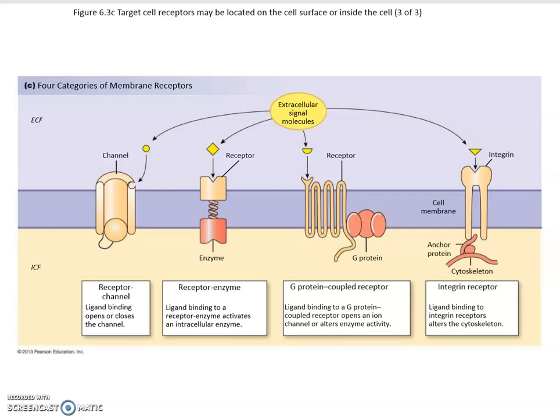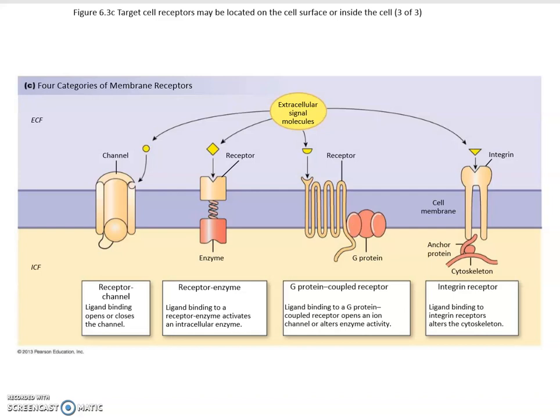The signaling molecule binds to this channel right here, and that alters the channel functioning and the flux of ions through this channel. Good example for this is acetylcholine binding to the acetylcholine receptor at the neuromuscular junction. That opens an ion channel, a cation channel, and that carries then the signal into the interior of the muscle cell.